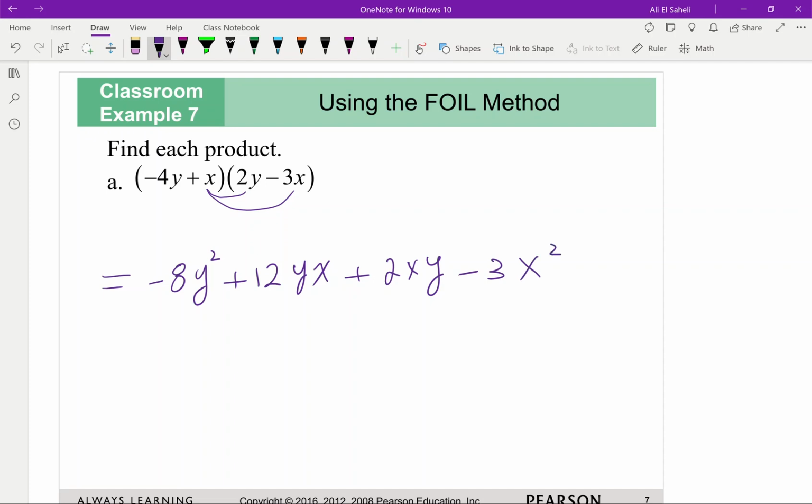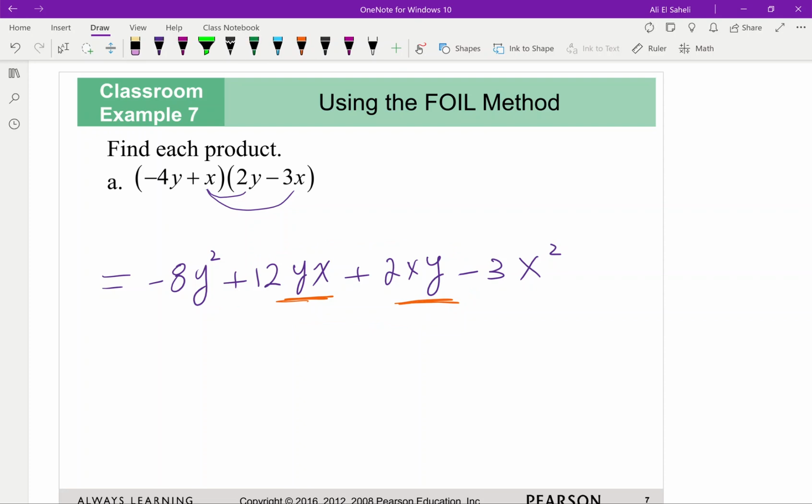Now let's look at like terms. This is a term that is unique. Okay, no other term includes y to the power 2. This is yx, but yx is the same as xy, so these are like terms. And this is a unique term, a singular term.